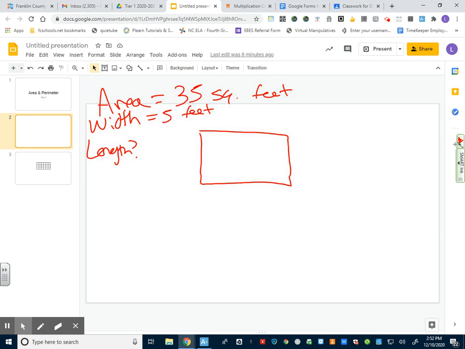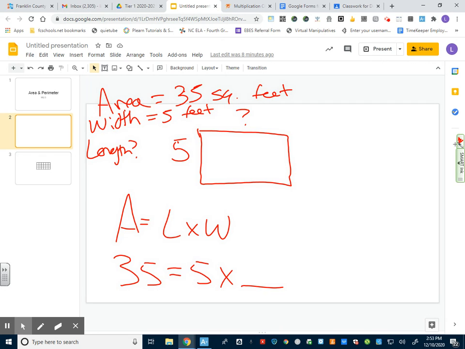Okay, so I've drawn my rectangle and I know that the width is 5 feet. And I need to find the length, the other side. Well, since area is length times width, since I've been given the area, this is just filling in a missing factor. 35 is going to be equal to 5 times blank.